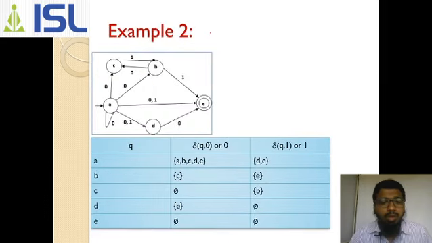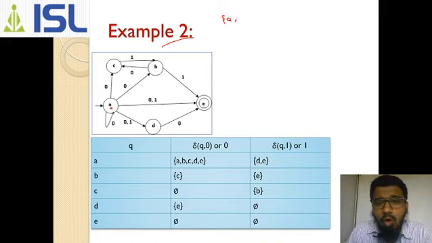Now we will take another example, and here the graph is given. Where is A? A is here. From A, if the value is 0, where is it going?